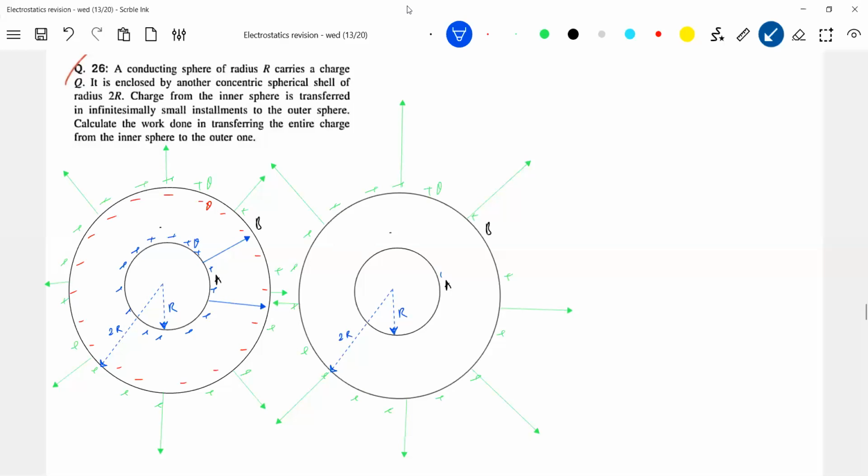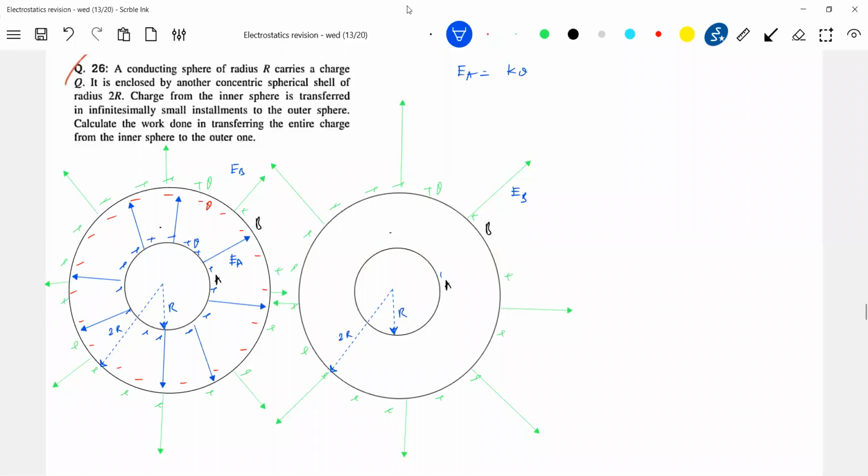So this I'll call EB. This field I'll call EA. Let's calculate the expression for EA.